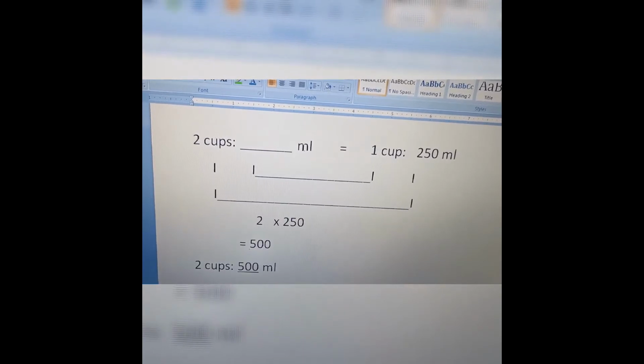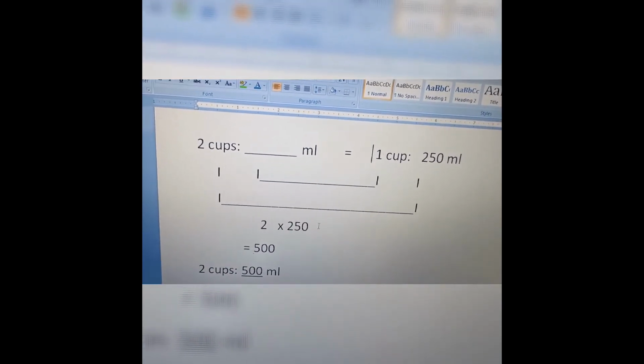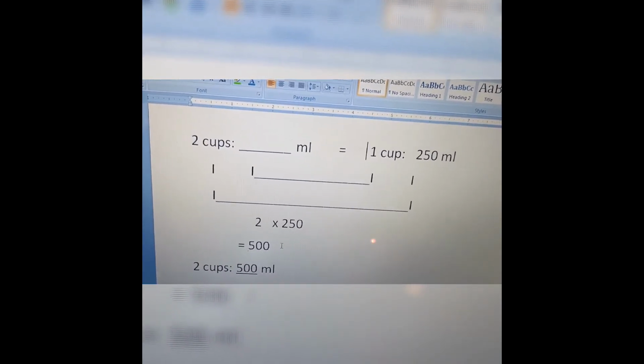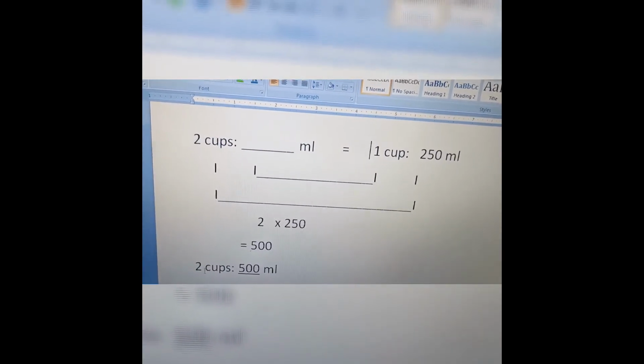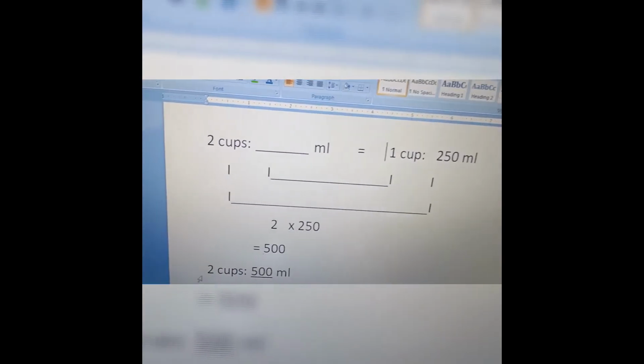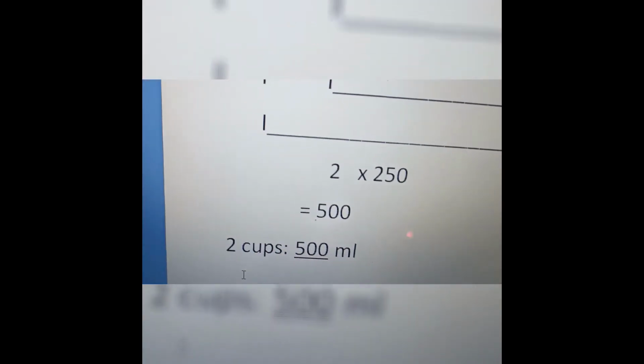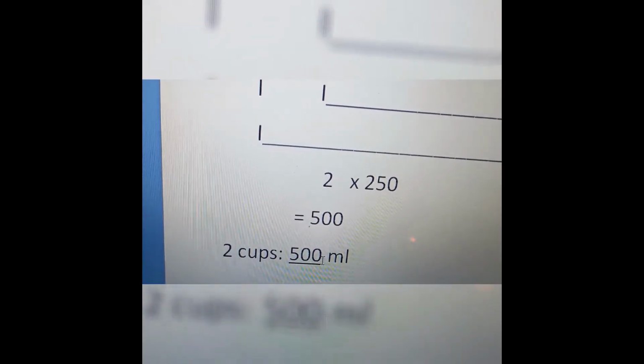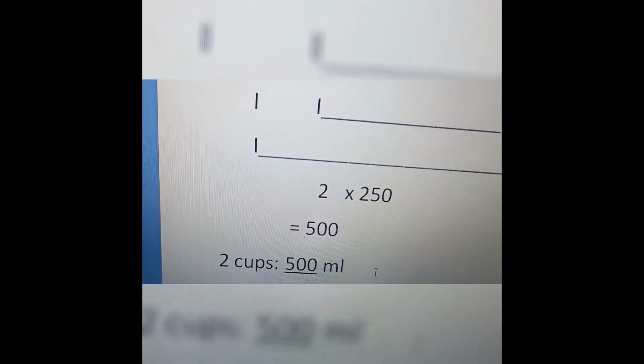Since we're looking for ml, 2 times 250 equals 500. So now, the answer to your problem, 2 cups is equivalent to 500 ml.